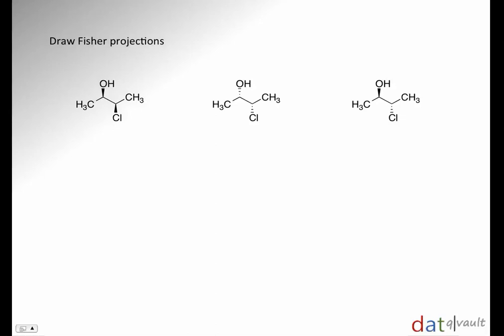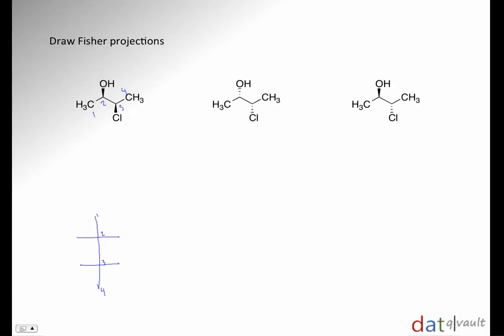Alright, so the first thing I do when drawing a Fischer projection is find the longest carbon chain. This would be 1, 2, 3, 4 carbons long. I'm going to take this longest carbon chain and make it the vertical chain in the system, something like this, where this is carbon 1, 2, 3, and 4.